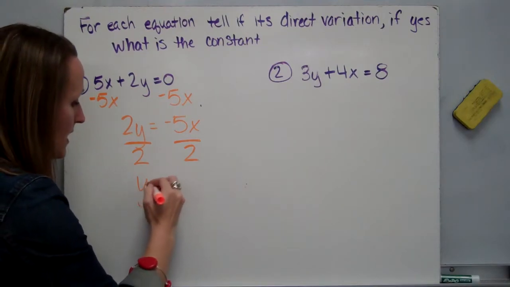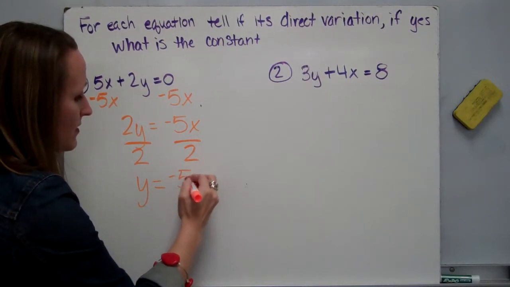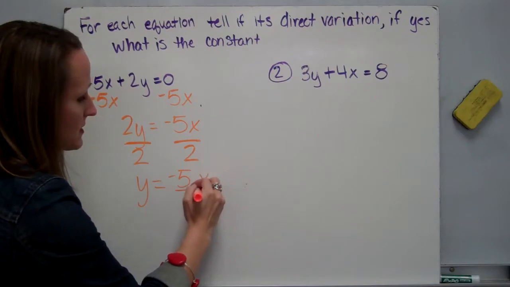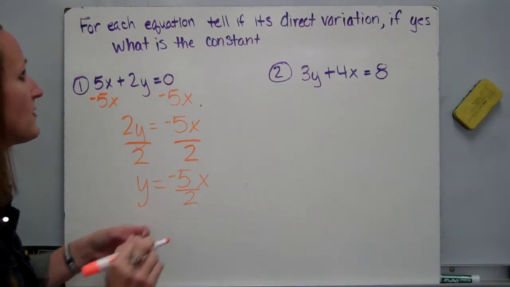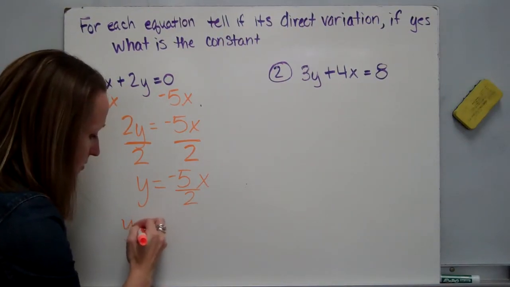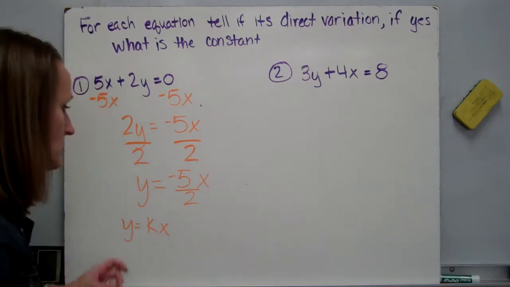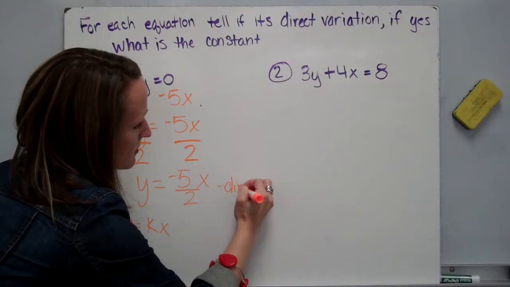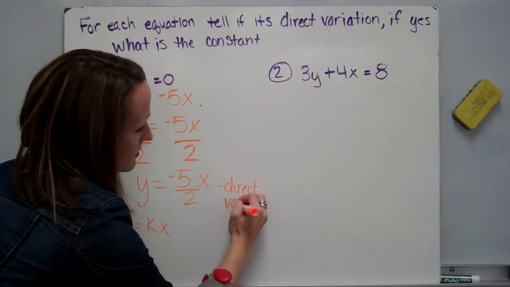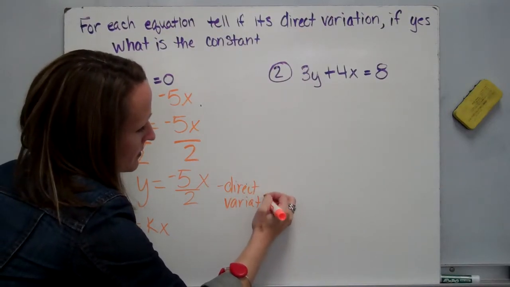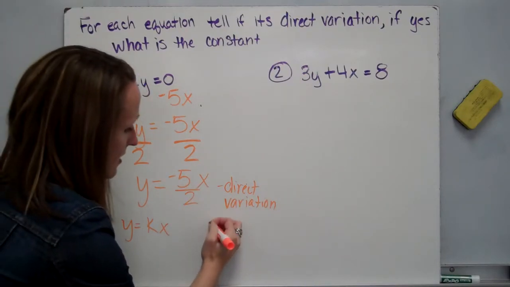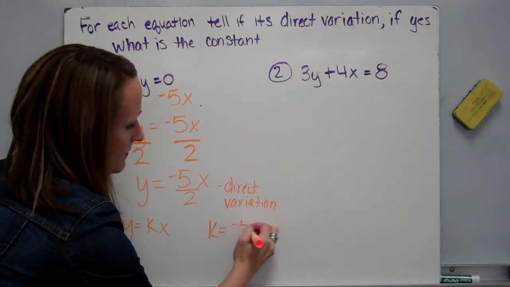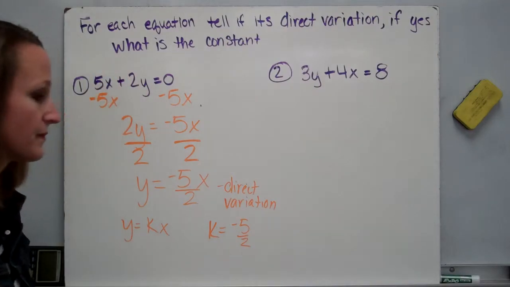So now we have y equals negative 5 halves x. Okay, so now this does represent y equals kx. So we can say that yes, this is direct variation. And we can say that our k equals negative 5 halves.